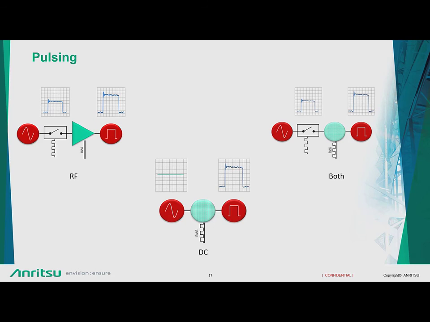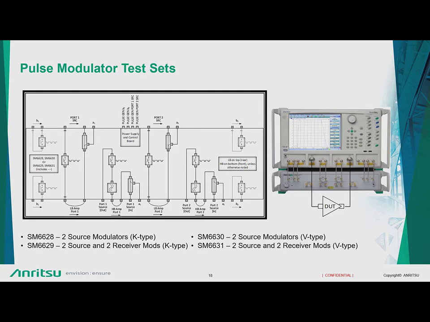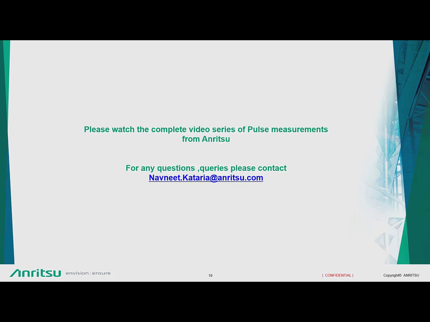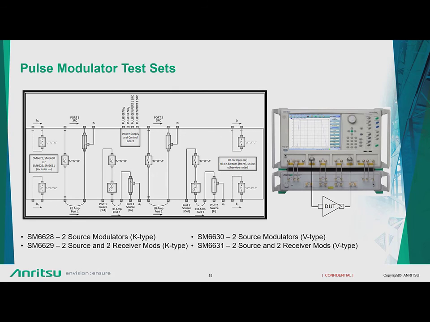As I mentioned, we do have pulse modulator test sets, and you can see that two of them are covering 40 gigahertz. The reason we have two of them covering 40 gigahertz is that you have only source modulators with one option.